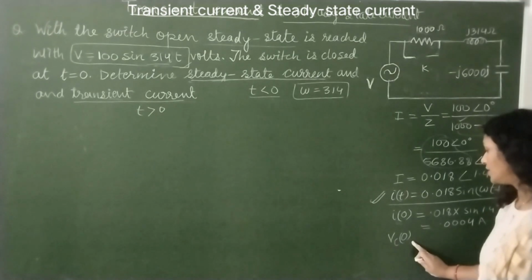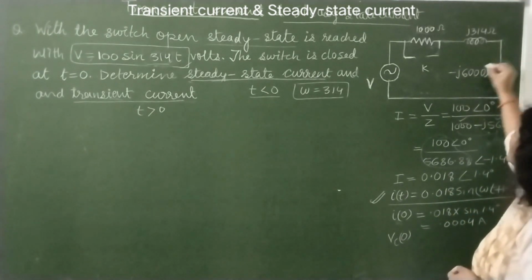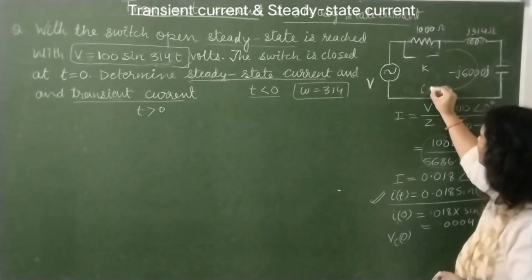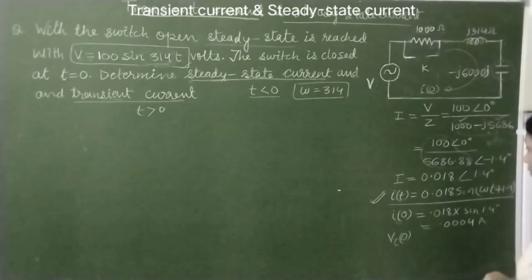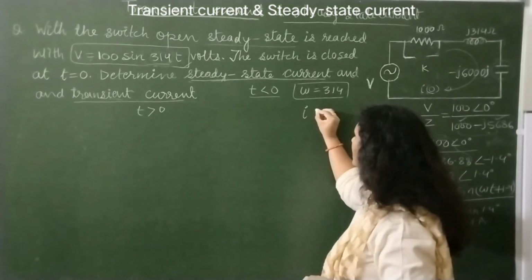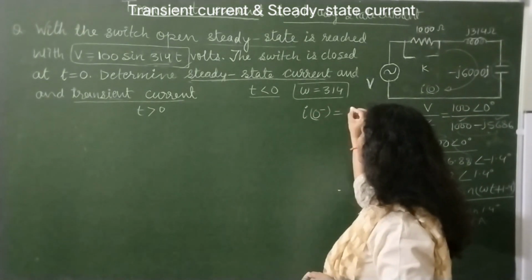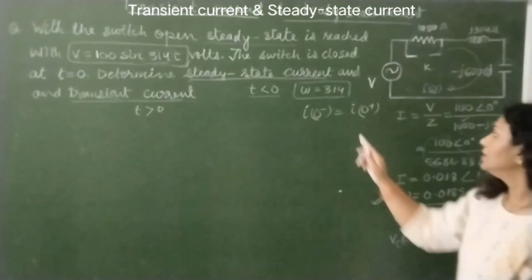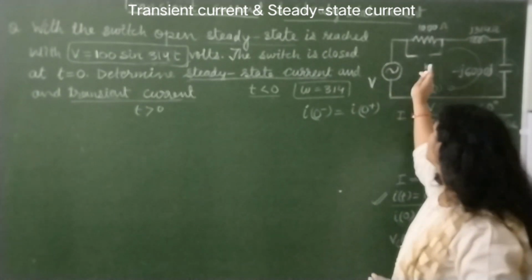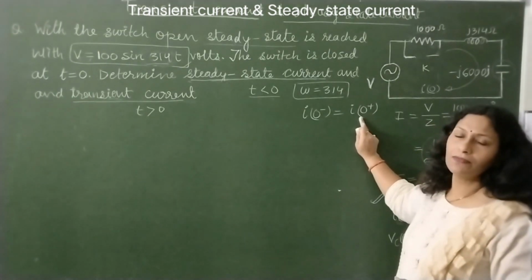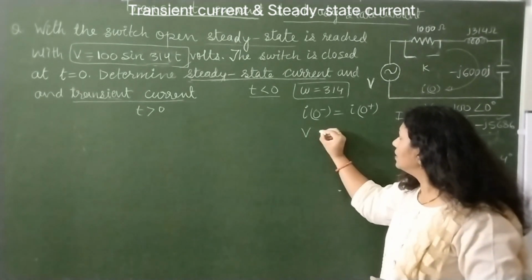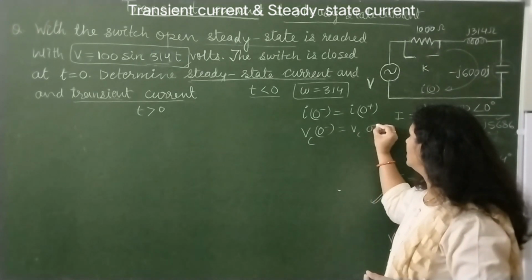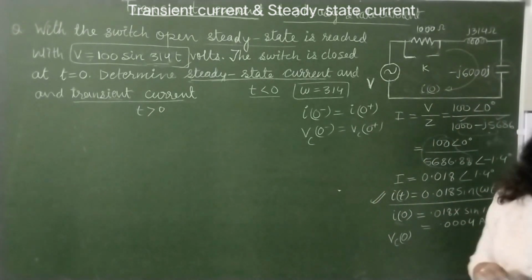Our second initial condition is the voltage drop across this capacitor while current I0 is flowing at time t less than 0. We know that whatever current flows at 0 minus will remain the same at t equals 0 plus. These are the times just prior to switching and just after switching. Similarly, the voltage across this capacitor just prior to switching and just after switching remains the same.